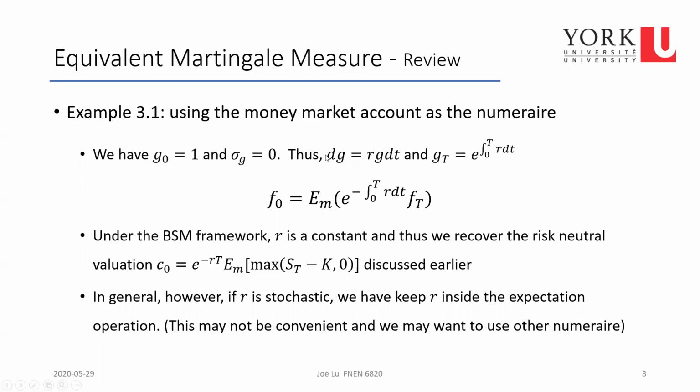Essentially, under that particular situation, the current price of the financial asset is really the expectation of the future realized value of the financial asset. Basically, here you will look at the payoff at the maturity time, and then you would discount that, and the discounting is based on the interest rate. Here, we have to do an integral because the interest rate at different time steps can be different.